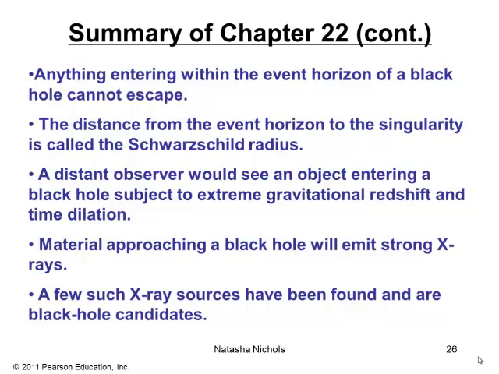A distant observer would see an object entering a black hole subject to extreme gravitational redshift and time dilation. Material approaching a black hole will emit strong X-rays. A few such X-ray sources have been found and are black hole candidates.